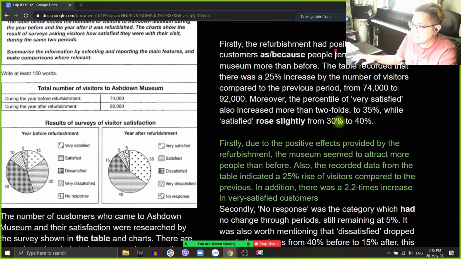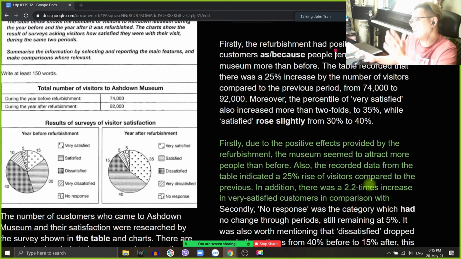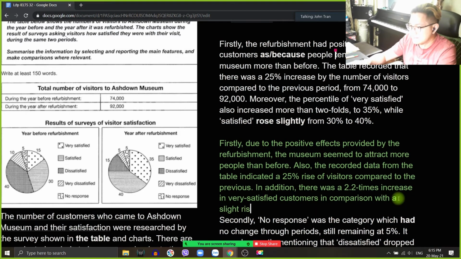And then instead of saying compare with, I can just say in comparison with. Thay vì ghi là compare with thì mình có thể là in comparison with. In comparison with a slight rise. Instead of saying rose slightly, I can use the noun form, slight rise.